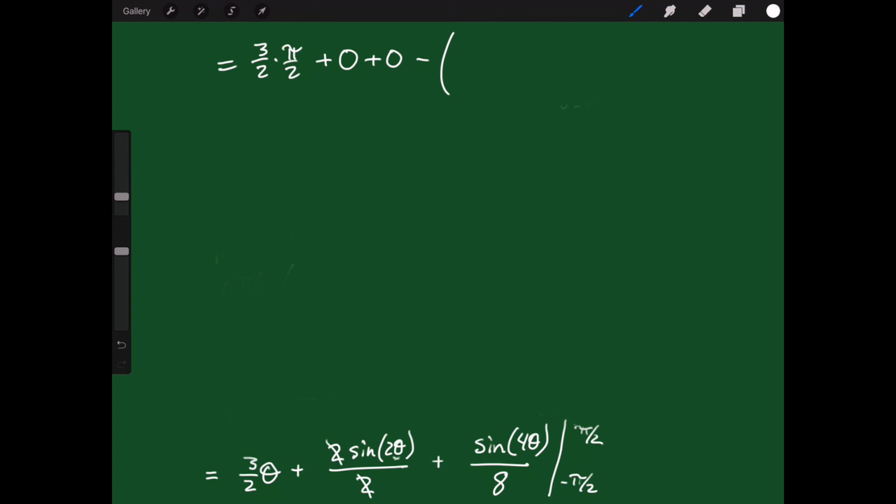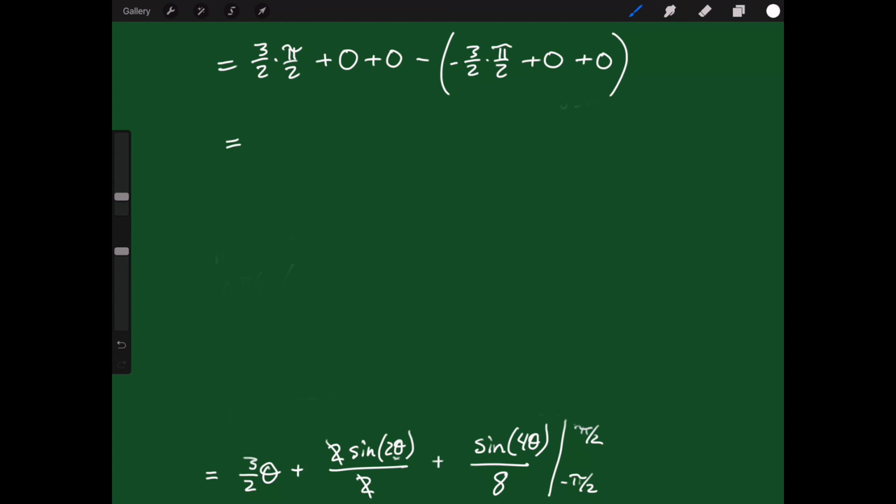Minus, plugging in negative pi over 2, I get negative 3 over 2 times pi over 2. Then I plug in negative pi over 2 and I get sine of negative pi, which is 0. And then I get sine of negative 2 pi, which is 0.